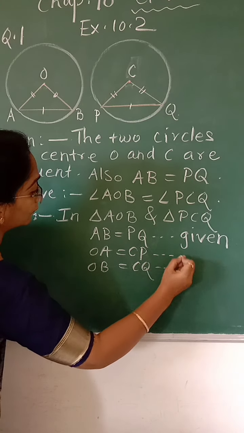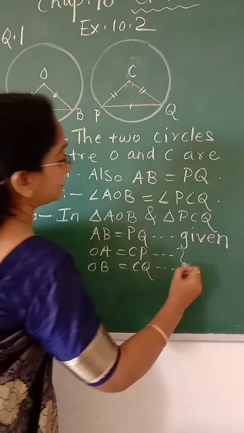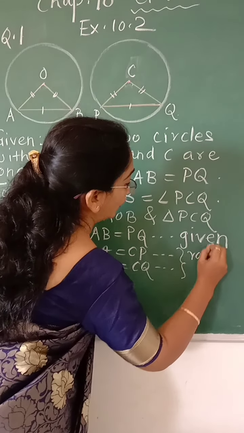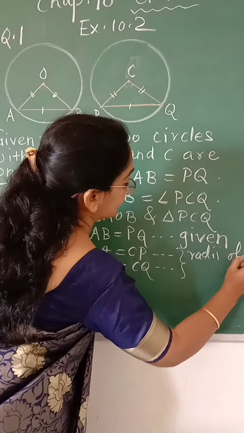For both statements you write the same reason, that is radii of the same circle.